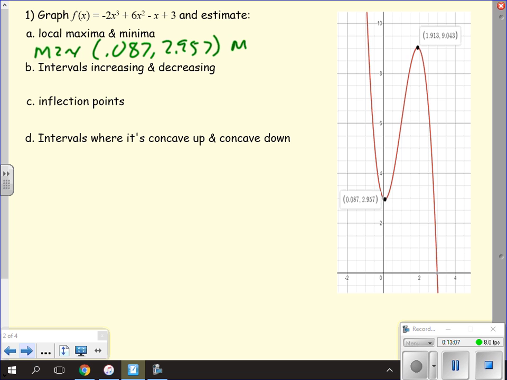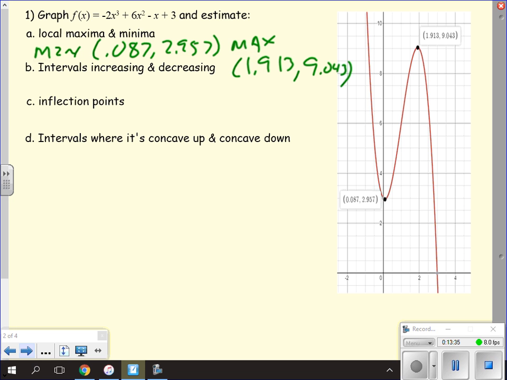And my max takes place at 1.913, and it is 9.043. That is my maximum. And those are the values. You should be able to find them on your calculators using the max and min thing, which is really cool. It's cool that your calculators can do that stuff.